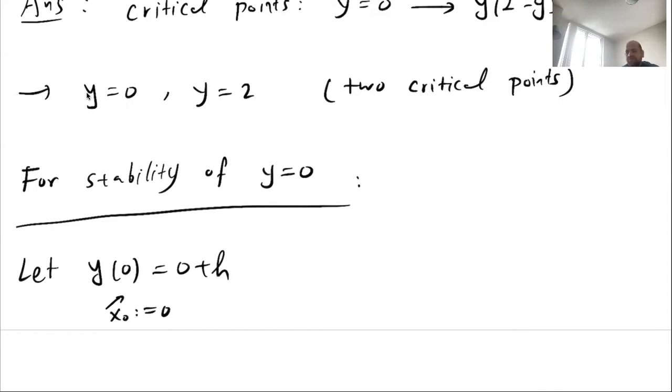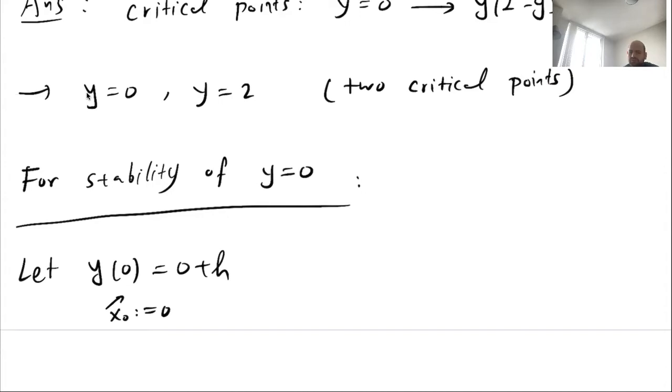We will have another solution, but we can still look at its limit as x goes to infinity. Is the limit still 0? In that case, we would call the critical point stable. Otherwise, we would call it unstable.